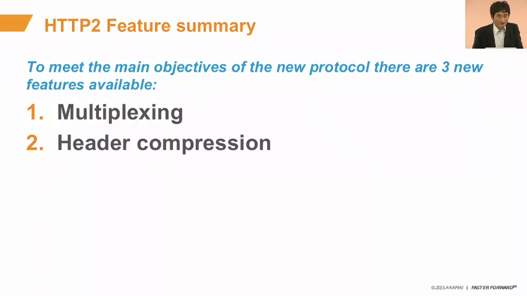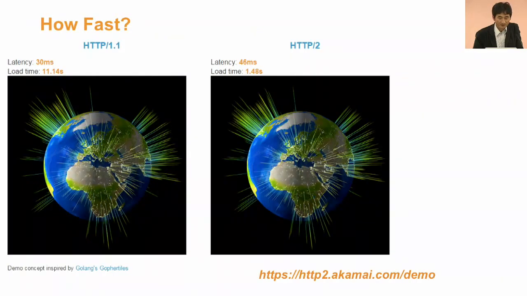And also there's a header compression feature, and also server can send an object in a synchronous way with the browser's behavior. I'm not going into deeper of these aspects, but I would like to just show how fast HTTP2 actually is.